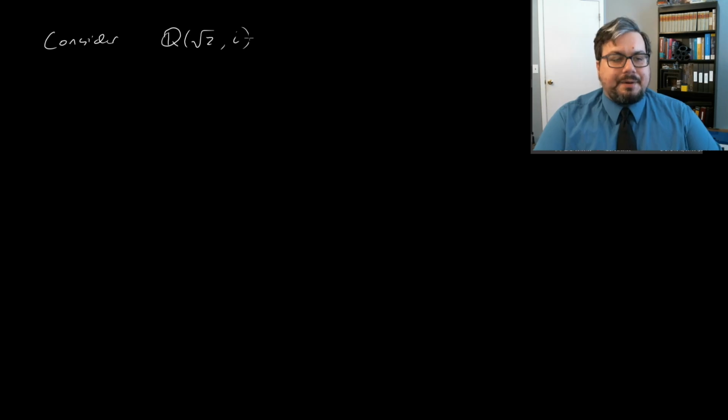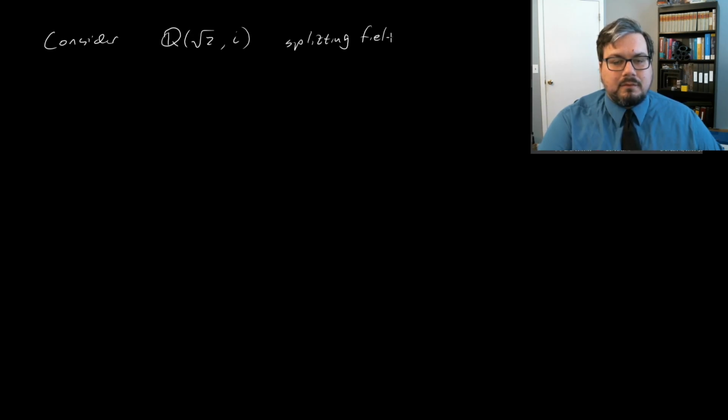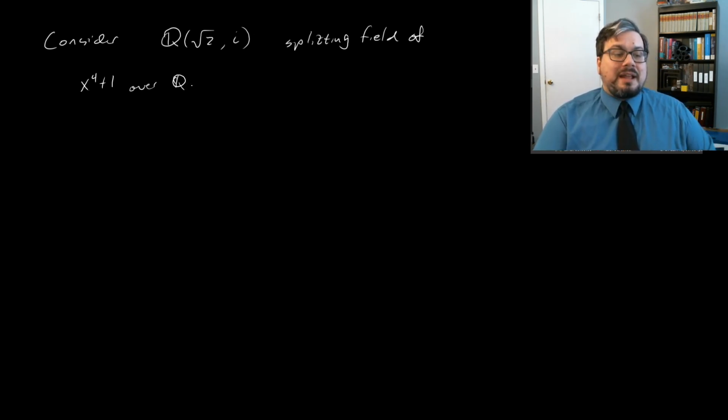Now, we came up with this field extension in a previous lecture as the splitting field of x to the fourth plus 1 over Q. And we started by taking all four roots of x to the 4 plus 1 inside the complex numbers and taking Q of all four of those. And then we showed how we could reduce that, get it down to a very simple description as Q of square root of 2 and i.